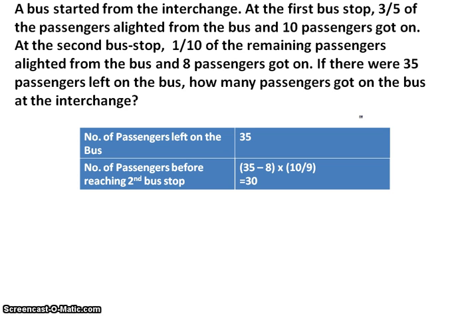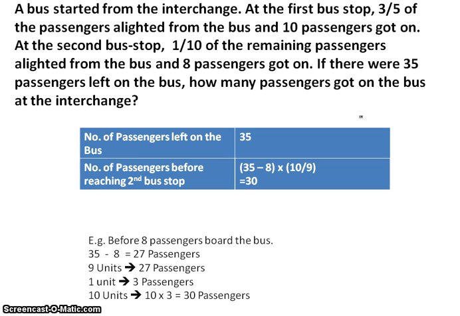Alright, you might be questioning why we use 35 minus 8 multiplied by 10/9. So let's have a quick explanation here. Before the 8 passengers boarded the bus, we have 35 minus 8, which gives us 27 passengers. So there were 27 passengers on the bus before the 8 passengers got on.